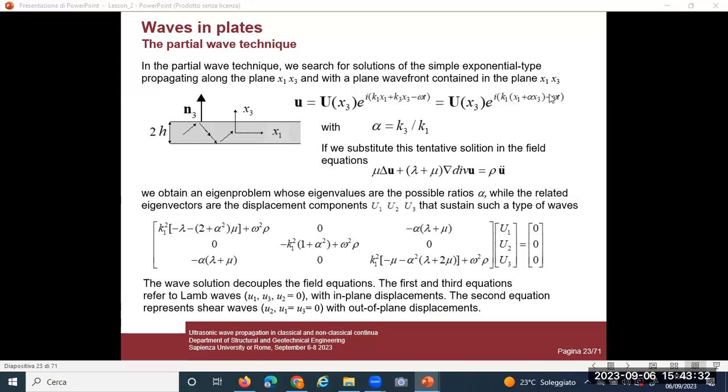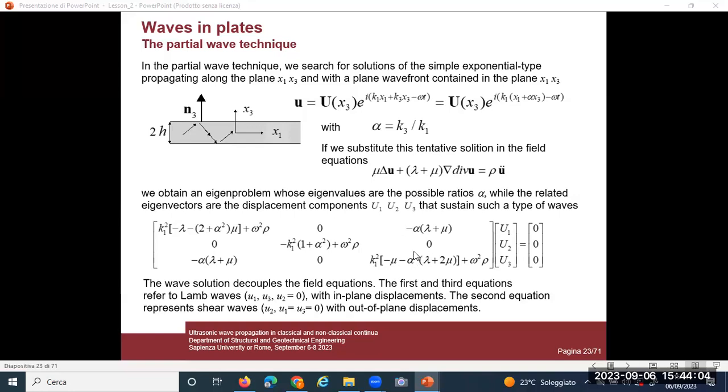Then, if we pick up this solution with this trick of expressing everything as a function of just one wave number, so we pick up this ratio between the two wave numbers and substitute this tentative solution in the field equation, we obtain a first eigenvalue problem, which is this one.